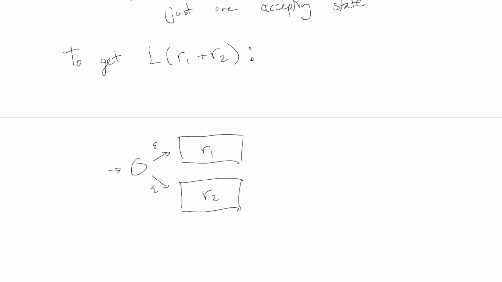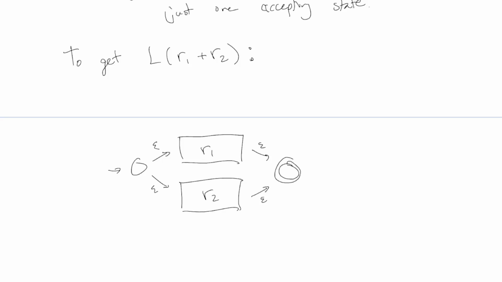Because of this technicality, I want our NFAs to have a single accepting state. If you want to make that happen, you can tie them both together at the end into a single accepting state. This is how you combine two regular expressions using the plus operation. R1 plus R2, you would do this to it.